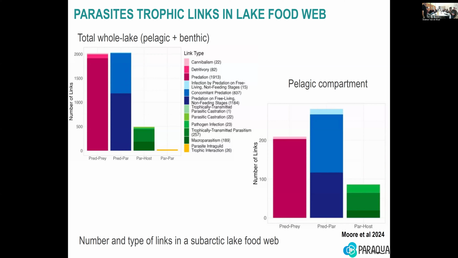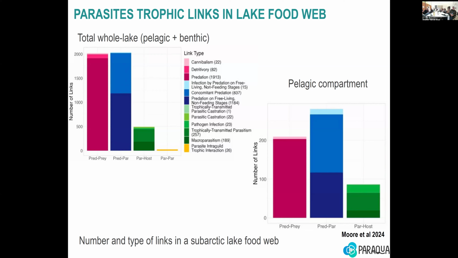The blue bar is the predatory parasitic links, so the links that involve parasites as a trophic source, and the green one is the purely parasitic links. When we take into account a total lake food web, we see that the prey-predator links and the parasite-predator links are kind of equivalent.